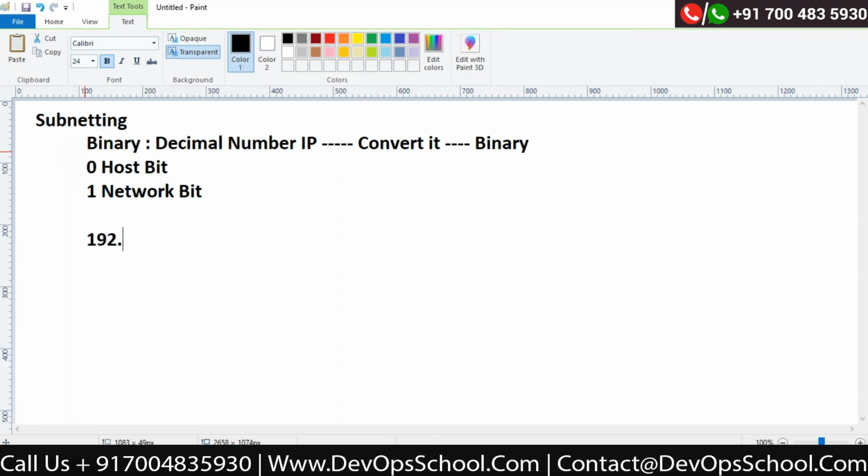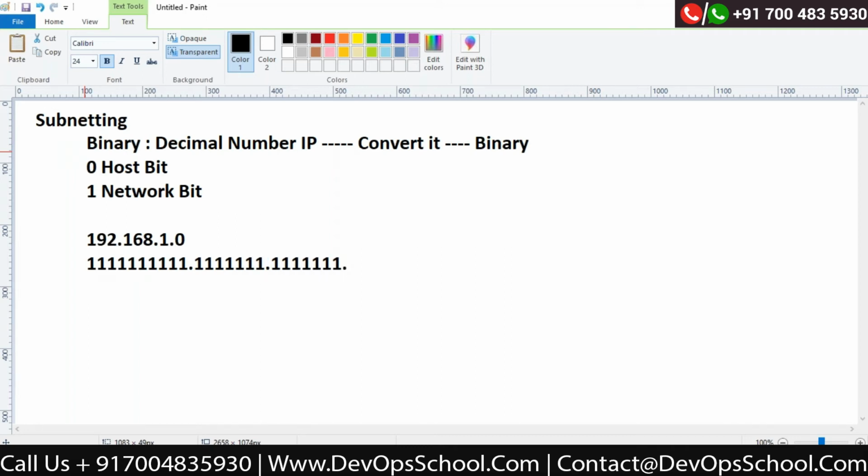So if I say 192.168.1.0, correct? Now this is my network. The first three octets would be my network because in class C, what is my network ID? First 24 bits. So if I represent those network bits in binary, it would be something like this: 8 ones, 8 ones, 8 ones.